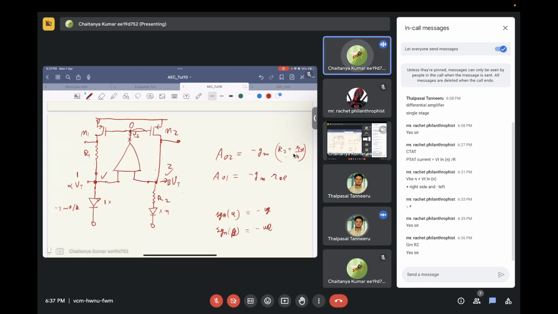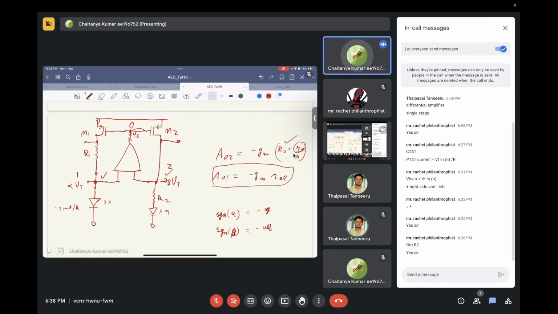That is okay, but what is the value roughly when the diode is forward biased? Its resistance approaches zero, right? Yes, sir, ideal case. I am saying it will be a very small resistance compared to an actual physical resistance. So your AO1 will be a very small value and AO2 will be a very high negative value.